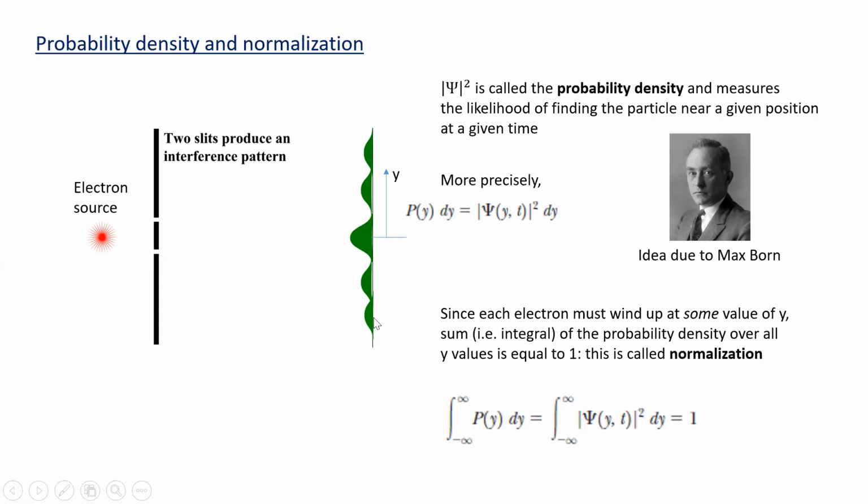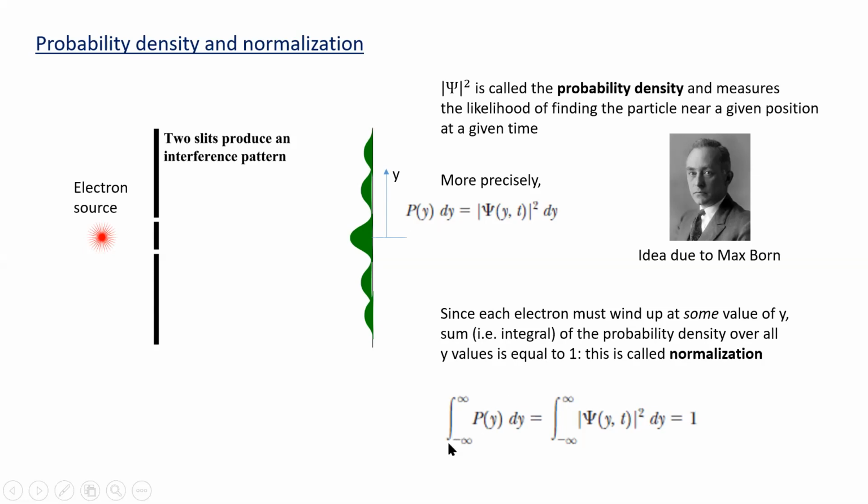That would represent the chance, if we integrate over all y values, that the particle can be found anywhere, that is somewhere between its lowest value and its highest value. So it has to be somewhere in between there.